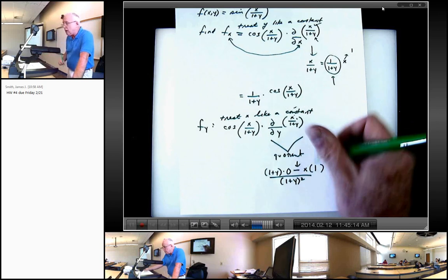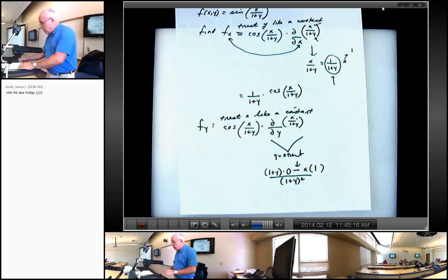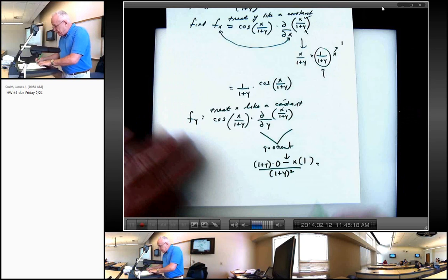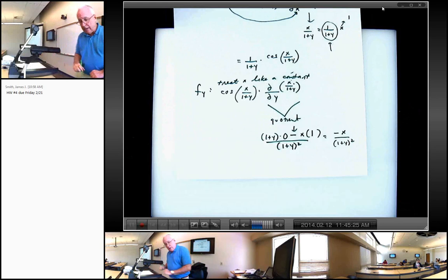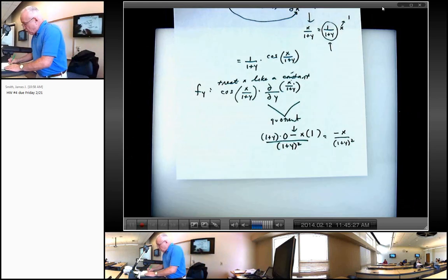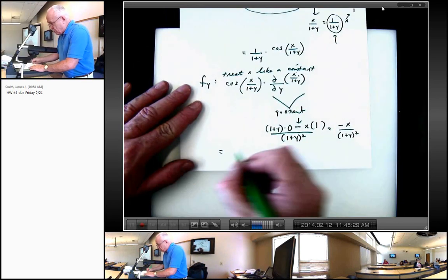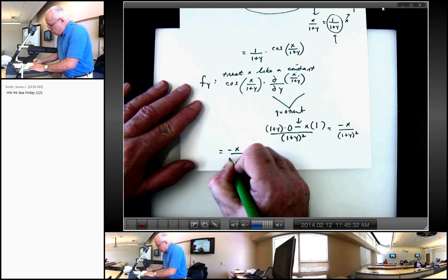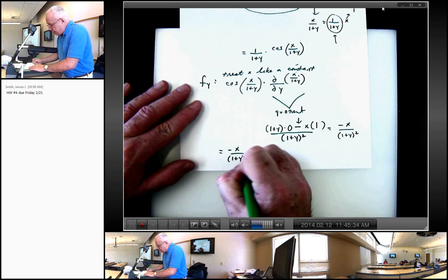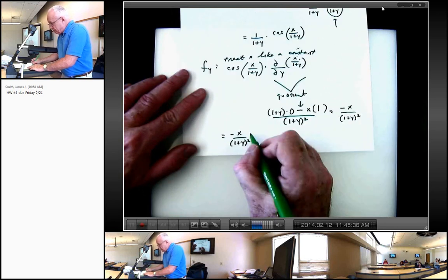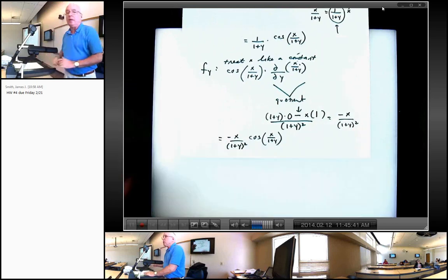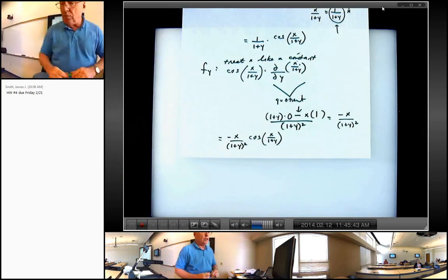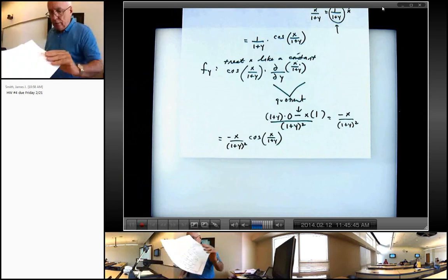If we simplify this, it becomes minus x over 1 plus y squared. And so we can finish this. Our partial is minus x over (1 plus y) squared, times the cosine of x over 1 plus y.